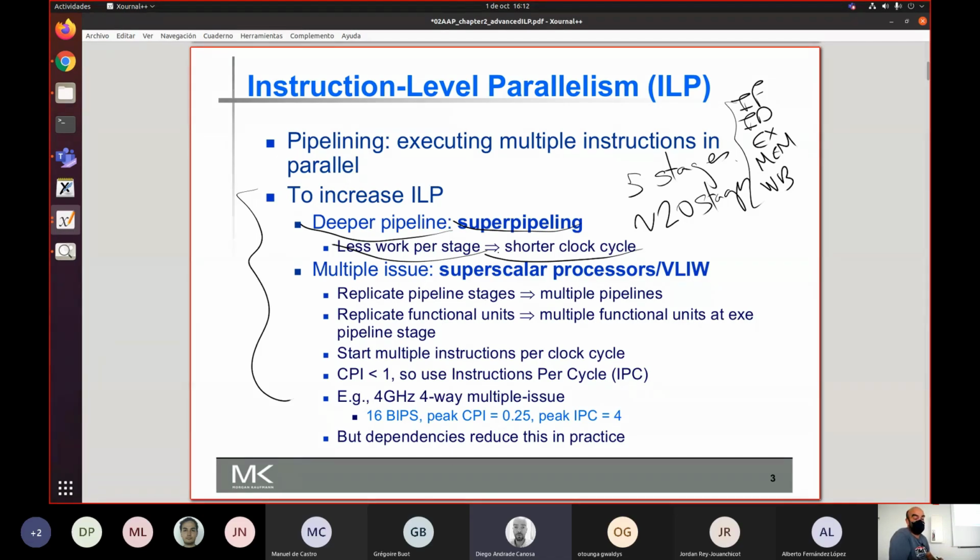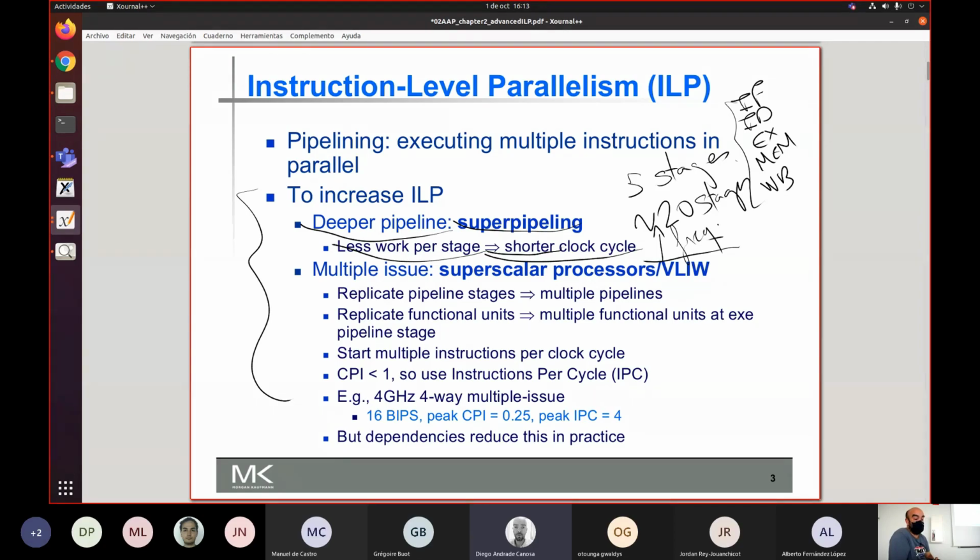Okay, and if we shorten the duration of a clock cycle, what we are doing is increasing the frequency of the processor. And remember that this was one of the main motivations for the improvement of the processor until the beginning of the 21st century.